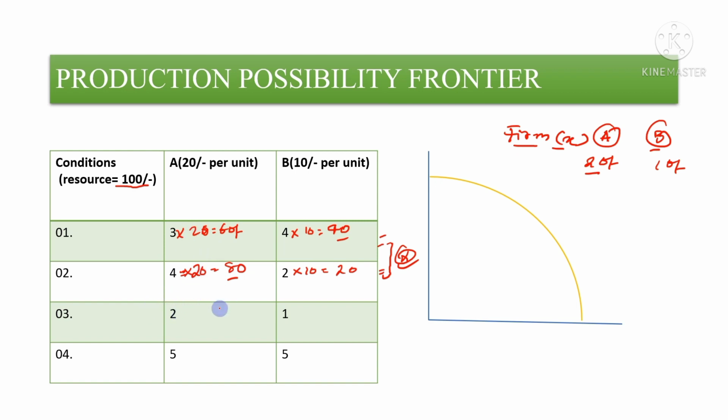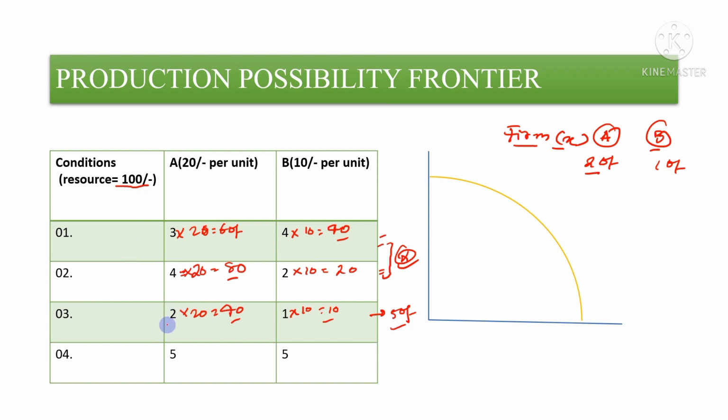Now another example: if this firm is producing 2 units of product A, it will cost the firm rupees 40, and 1 unit of product B will cost 10 rupees. So in total they are spending only rupees 50. That means they are spending only a part of the resource available to them.